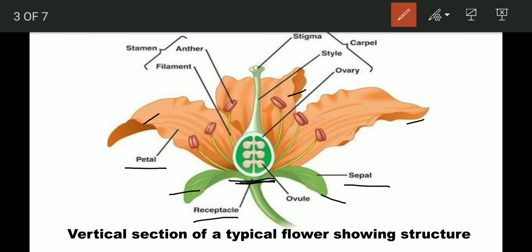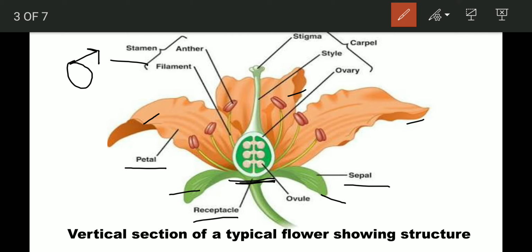Now I am telling you that flower is the reproductive part of the plant. That means there should be a male part and a female part. So here is the stamen. The stamen is the male reproductive part of the flower. And stamen consists of two parts.